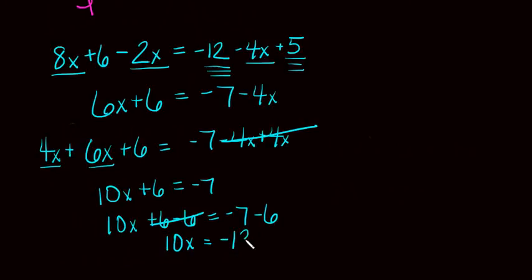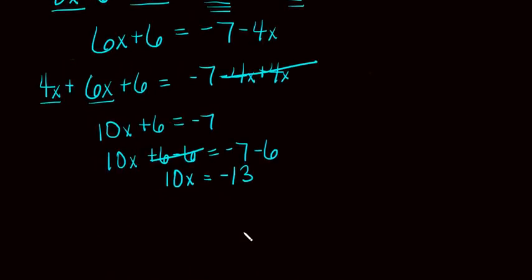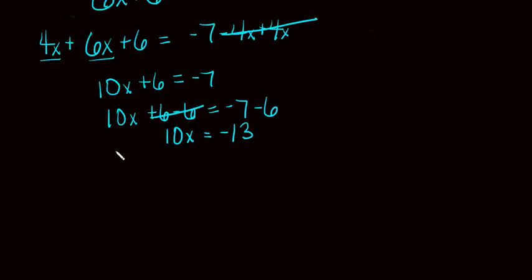Now, I want to get this x by itself, so I'm going to use the multiplicative inverse, which is really dividing by 10. If I multiply by 1/10, that's the same thing. Divide this by 10, makes x equal 1. So now x is equal to negative 13 over 10.